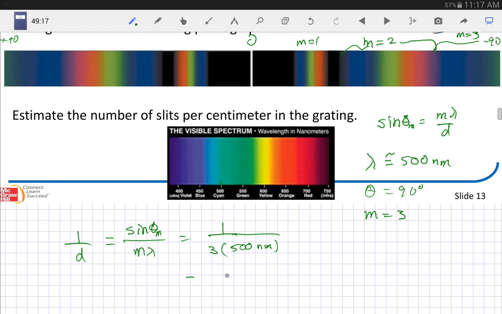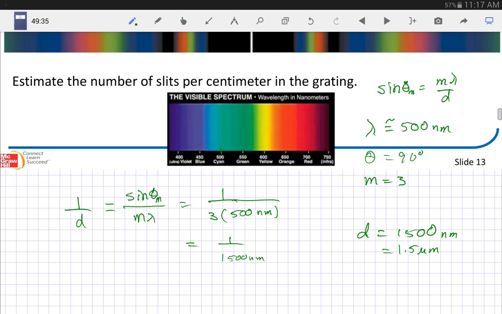And so my spacing obviously is D equals 1500 nanometers or 1.5 micrometers.